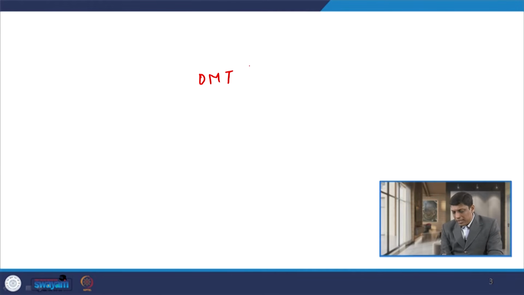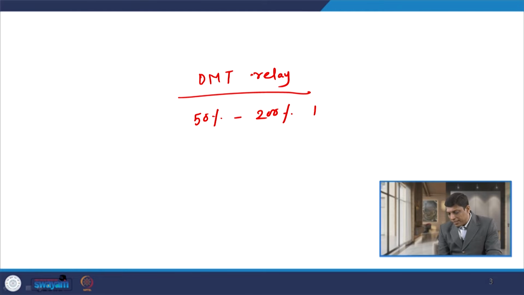If I consider the setting range of the definite minimum time overcurrent relay, the DMT relay, it is given in steps from 50% to 200% of the relay rated current IN. Let us say it is 1 ampere. So, this is the current setting range.